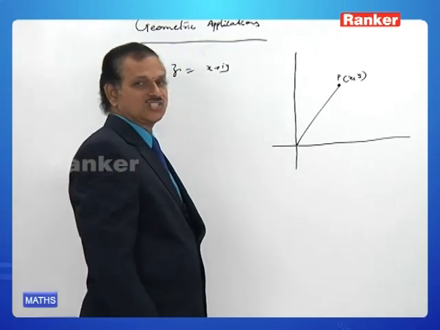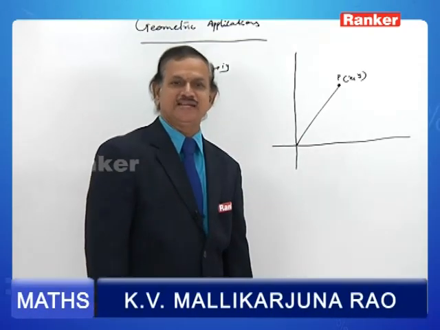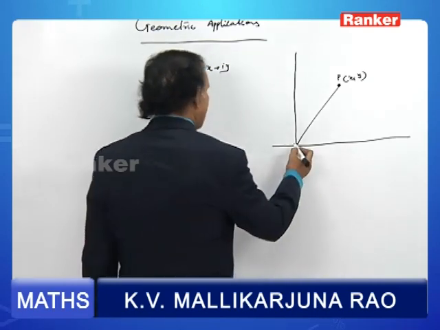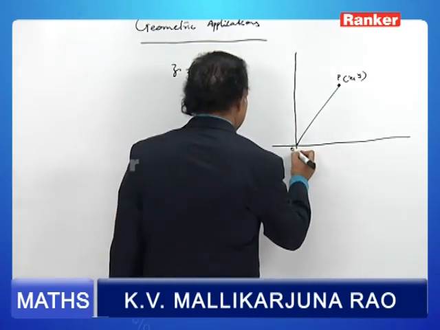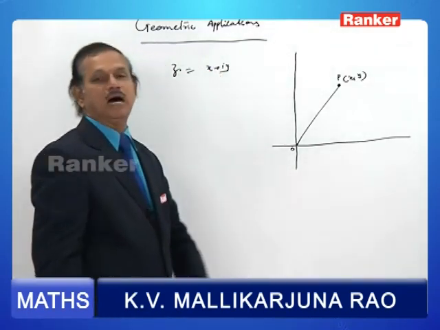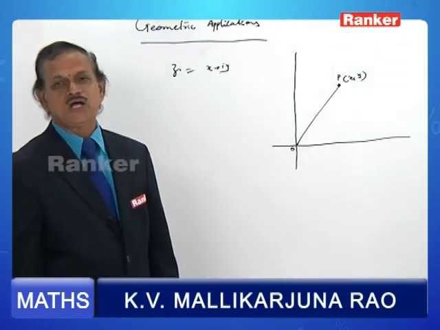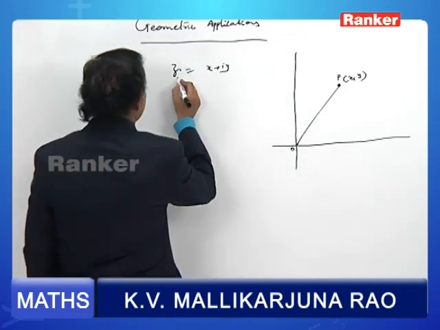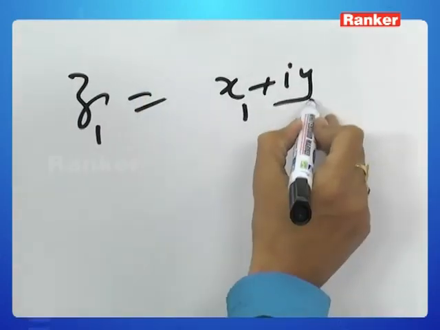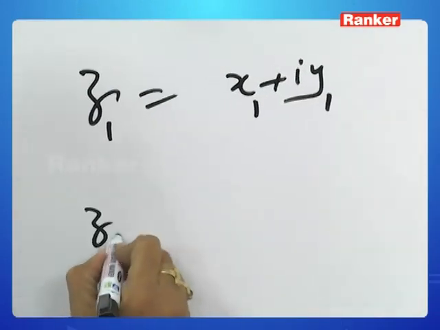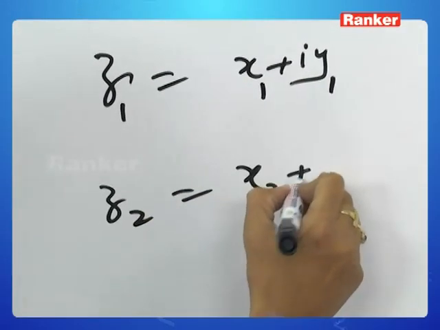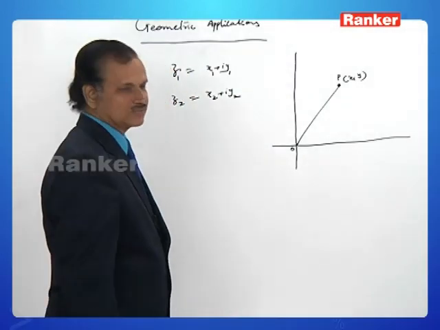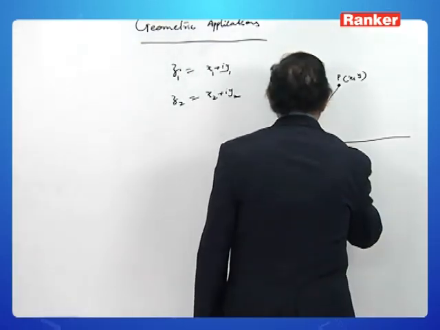it can be represented as the point P(x, y) in the Argand plane, and moreover the complex number z corresponds to the vector OP bar. Let me write z1 is equal to x1 plus iy1 and z2 is equal to x2 plus iy2. There are two complex numbers.